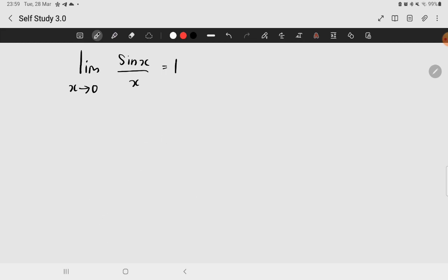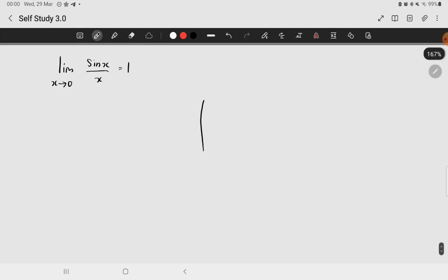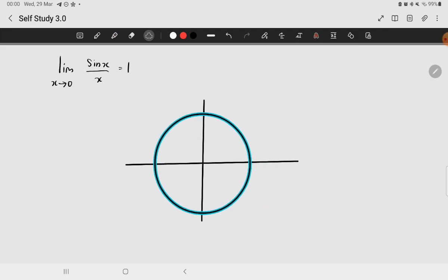Anyway, now the question is, what will be the functions that we will be using to find the value of the limit? Let me draw a unit circle, then we could derive the functions from there. Let me make it bigger so that everyone can see what I'm drawing.